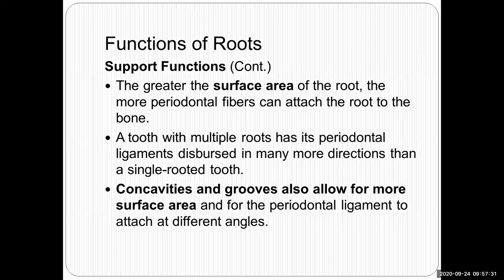The concavities and grooves on the root also allow for more surface area and for more periodontal ligaments to attach to at different angles. So that's why teeth have the grooves. The roots have grooves to give more surface area for more periodontal ligaments.